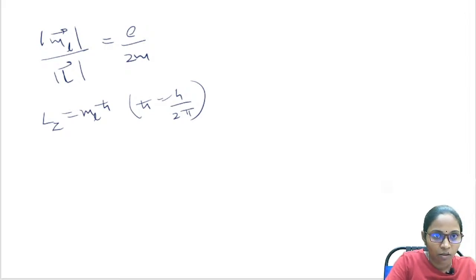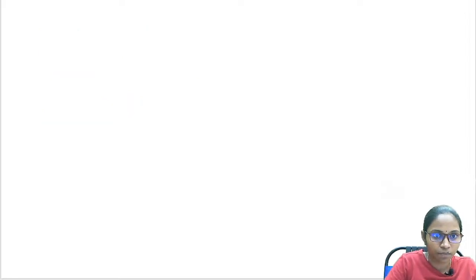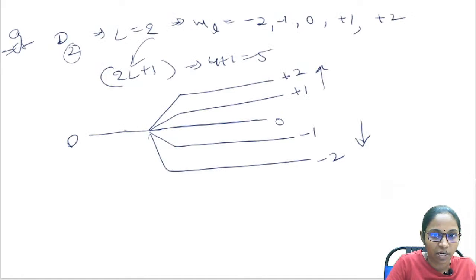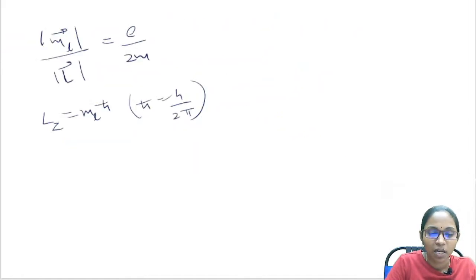Here L bar is precessing about the external magnetic field, and this precession is known as Larmor precession.